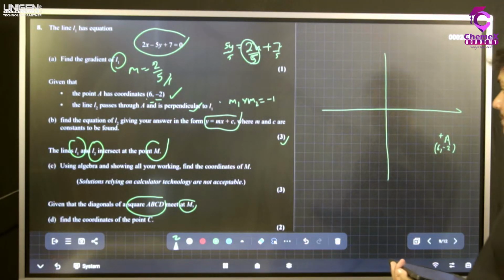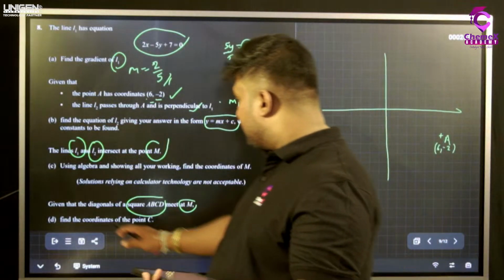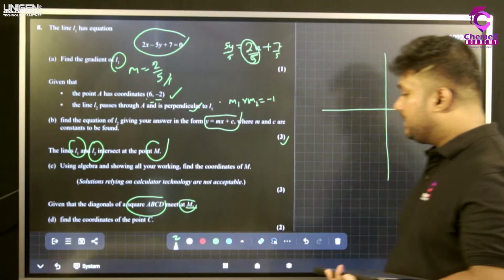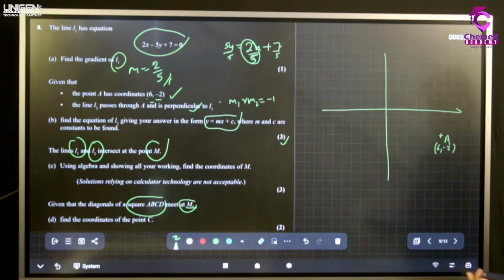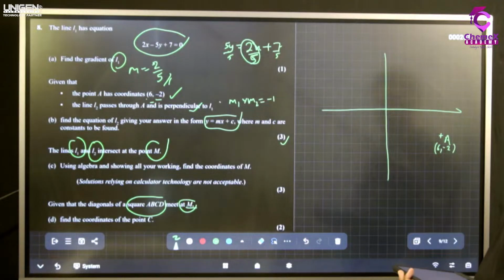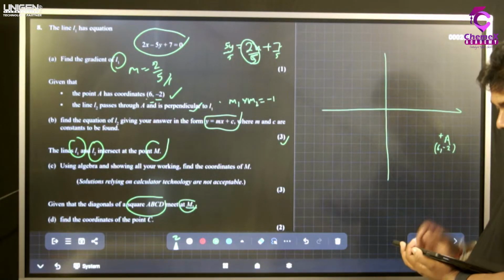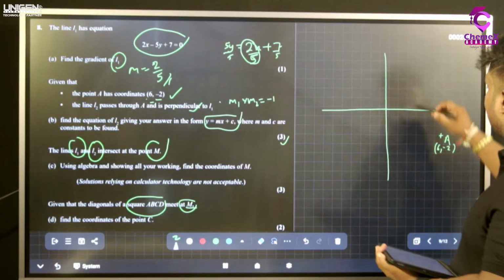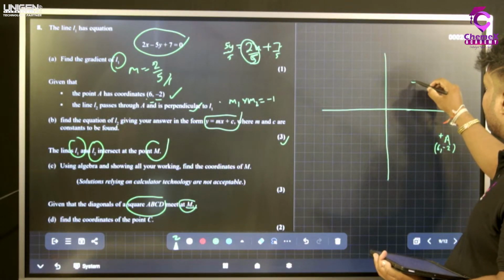Okay, M we know. Given that the diagonals of the square ABCD meet at M, find the coordinates of C. Diagonals. A is known. What's B? But you know M is 4 and 3. 4 and 3 is going to be somewhere here, right?